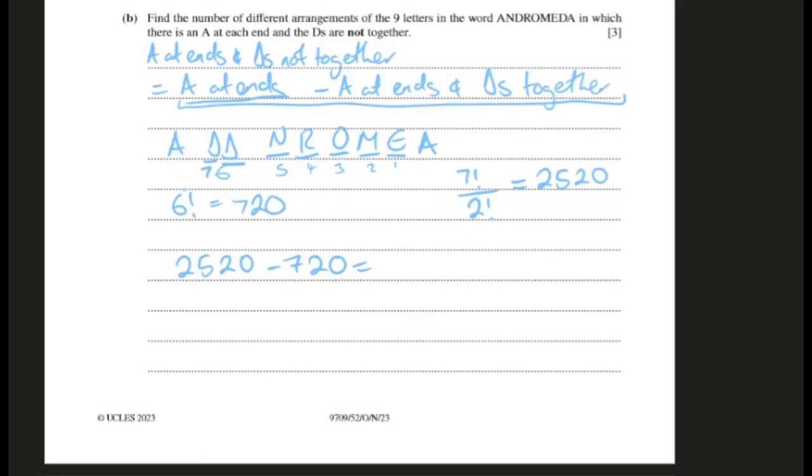Let's move on to part C. 4 letters are selected at random from the 9 letters in the word Andromeda. Find the probability that this selection contains at least one D and exactly one A. Okay, so let's create an expression for our probability.